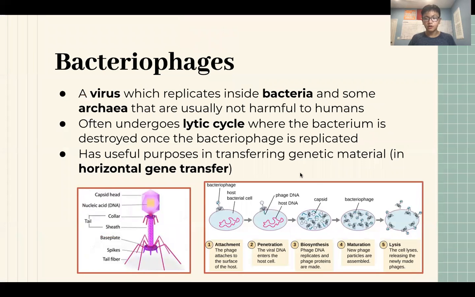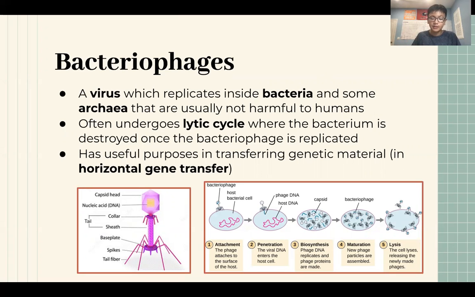So bacteriophages are viruses which replicate inside of bacteria, and some archaea, and they don't really harm humans because they're targeting bacteria. They engage in the lytic cycle, which is different from the lysogenic cycle, in that the lysogenic cycle acts as a parasite, or commensalism or whatever, using the host as a replicating center, like a factory where you continuously do it for long periods of time.